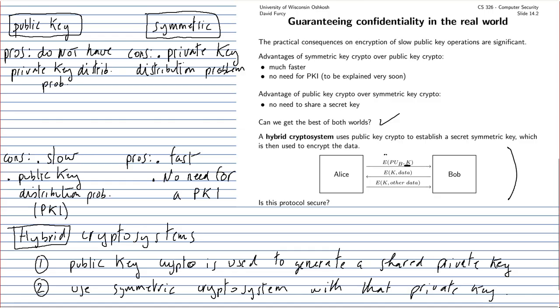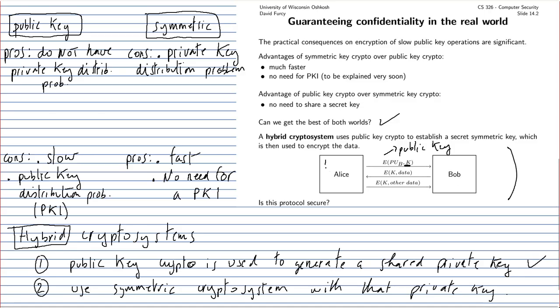So this is a use of public key cryptography. And because she encrypted that key that she chose using the public key of Bob, only Bob is going to be able to decrypt it. So this is like step number one.